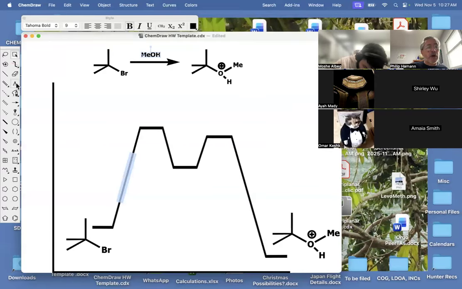Okay, and we all know what goes here, right in the middle. The carbocation? You got it. Prophetic, you can read my mind. Yeah, so now you need to tell me what's at the peaks too.